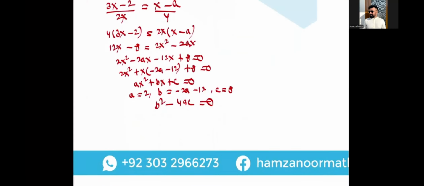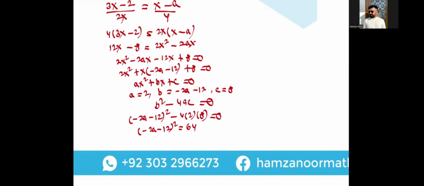Okay, so this means that minus 2a minus 12 whole squared minus 4 times 2 times 8 is equal to 0. So minus 2a minus 12 whole square is equal to 4 times 2 times 8, which is 64.